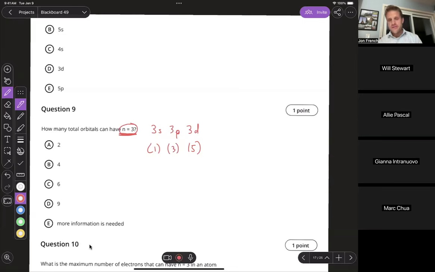Questions 11 and 12, where I bring in L or ML, are where I wouldn't bring in those variables. But we should know that at n equals 1, we have an s orbital. At n equals 2, we have s and p orbitals. At n equals 3, we've got s, p, d. At n equals 4 and beyond, s, p, d, and f orbitals. We should know that for sure.